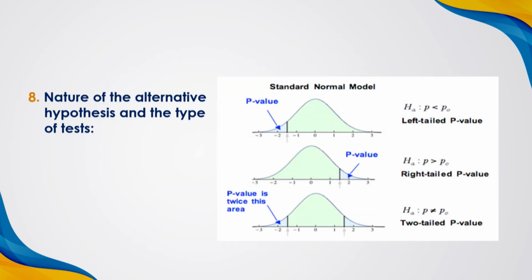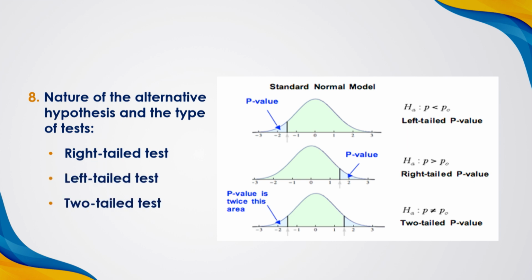Coming to the eighth factor, the nature of the alternative hypothesis and type of the test always matter for computing the critical values. There are three possible cases: right tail test, left tail test and both tail tests.